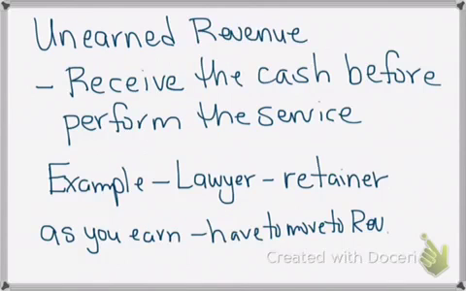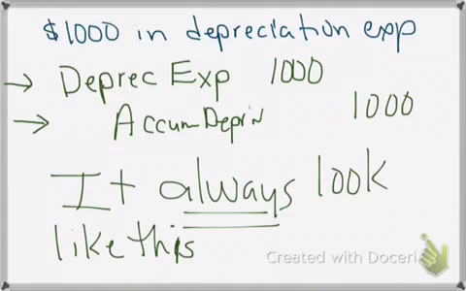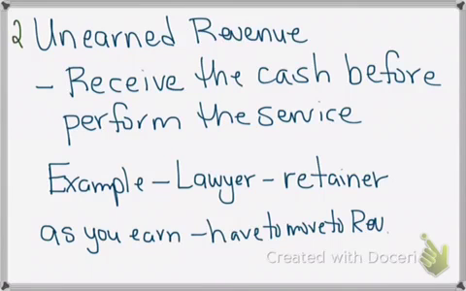The other type of prepaid items that we have, so the second type of prepaid item, is going to be this unearned revenue account. With unearned revenue, this is where we receive the cash before we perform the service. An example of this, if you think about it, when you go in to see a lawyer, before that lawyer will start doing work for you, he's going to take a sum of money up front, which is called a retainer.